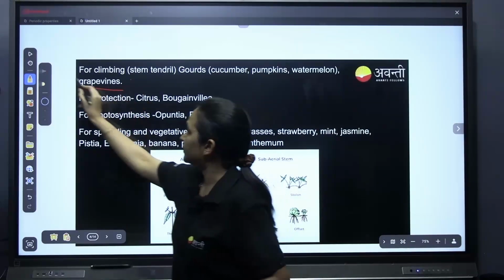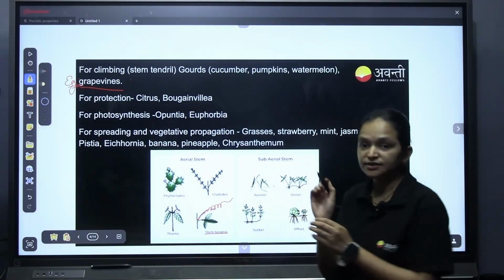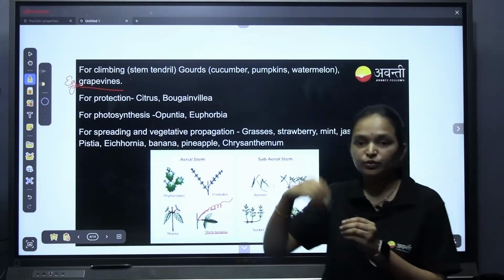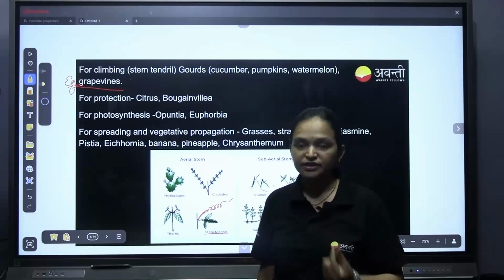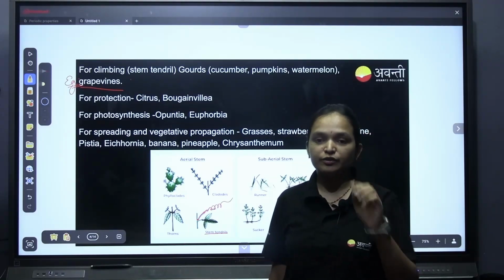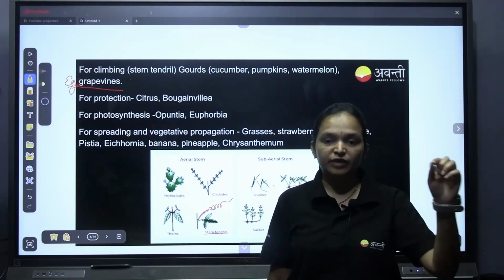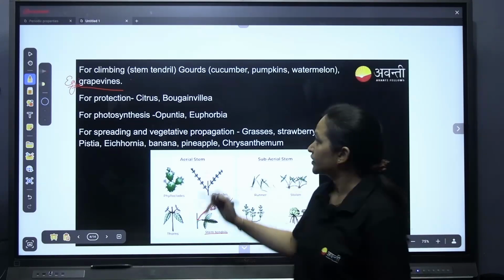This is the best example, grape vines. You can see the stem modified into tendrils for helping them in climbing. As these are climbers, their stem is too weak to stand upright, so they will be having tendrils to wrap around the support for them to climb.